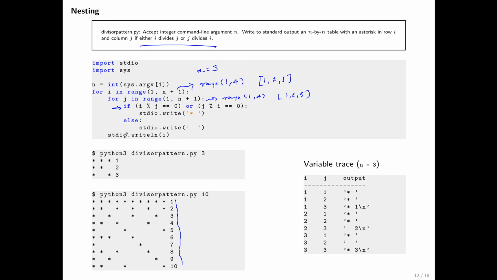And that's exactly when we want to write the row number at the end of each row. Okay. So we simply write the row number, which is simply given by the value of I. Right? And then we proceed to the next value of I and carry out this computation again. So that's how things work.